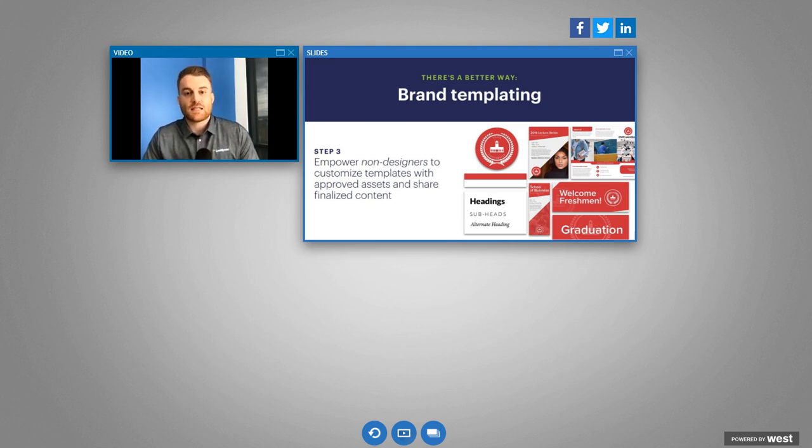Similarly, we need to coach those designers or marketers, the people who are currently creating the templates and the content for your organization, that when they receive an inbound request or ticket from someone requesting customized collateral, they push those requests back to the templates and the assets that you've already created. This is the only way to get out of that cycle of consistent requests and mundane edits.